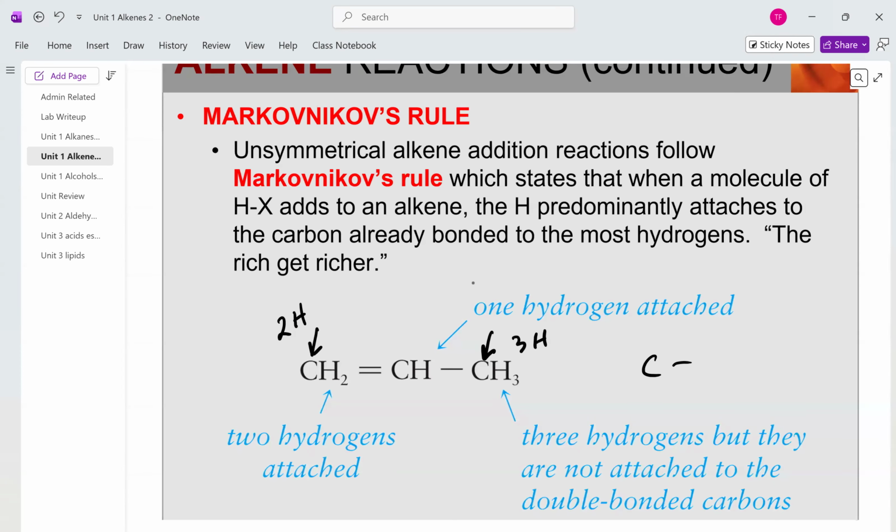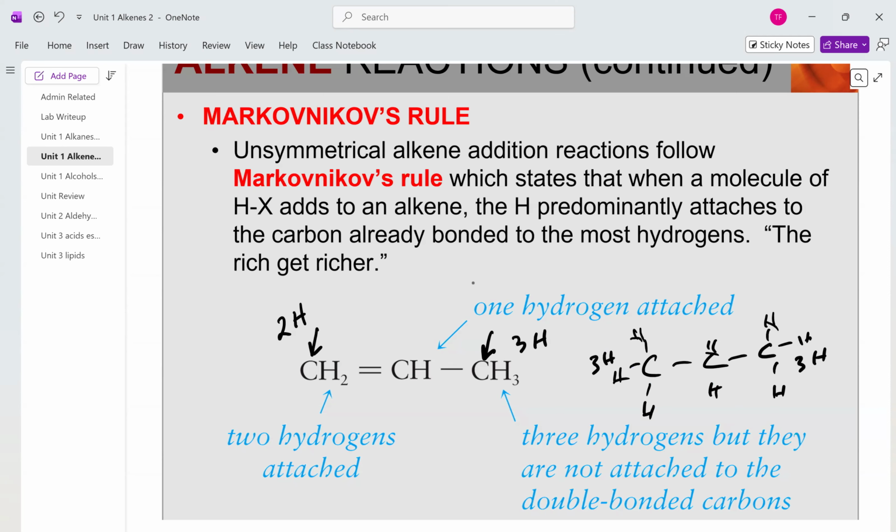If we look at this molecule, this has 3 H's here, 3 H's here. So 5 H's versus 6 H's. So the one on the right is going to be more stable than the one on the left.